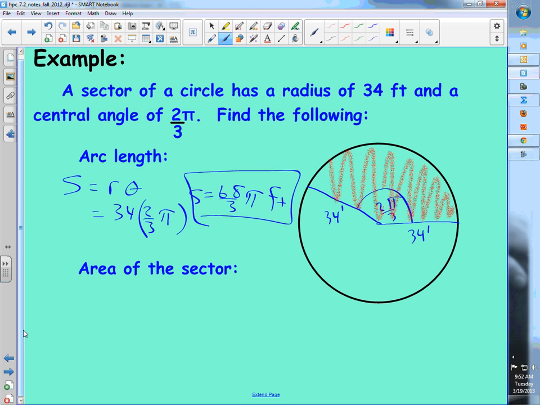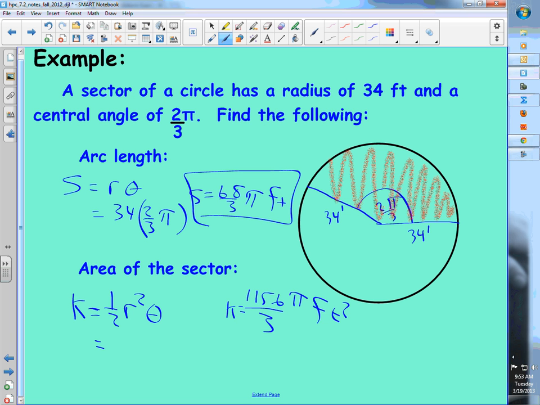Area? What formula did you use? One half radius squared times theta.